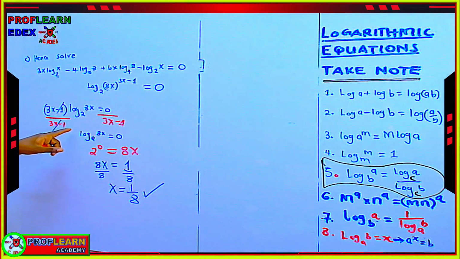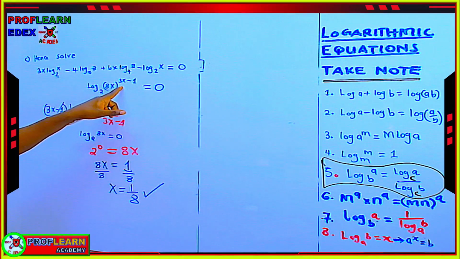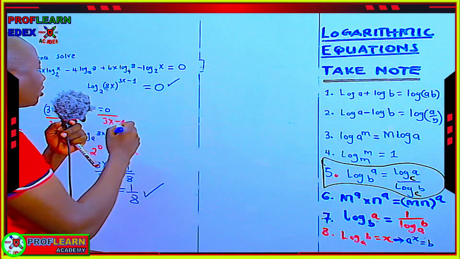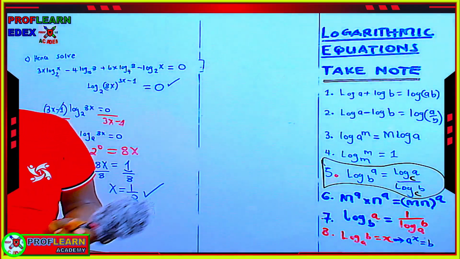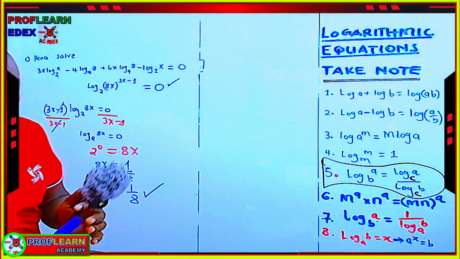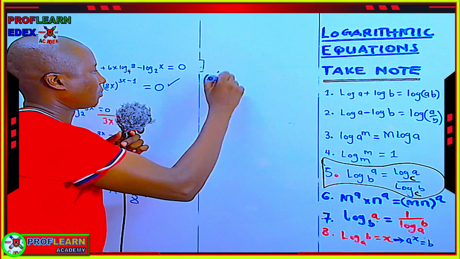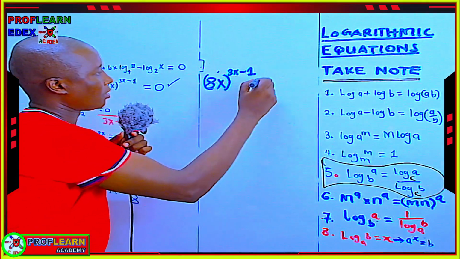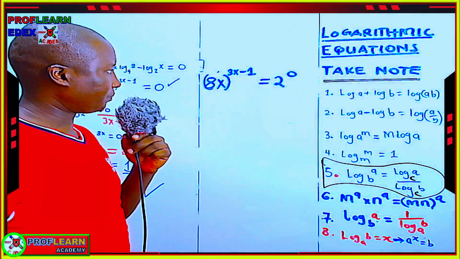Another way we could approach this question is expressing it in index notation while keeping this intact the way it is. Let me show you what I'm trying to say. We can express this in index notation without taking the power down. So we are going to have 8x raised to power 3x minus 1 is equal to 2 raised to power 0.